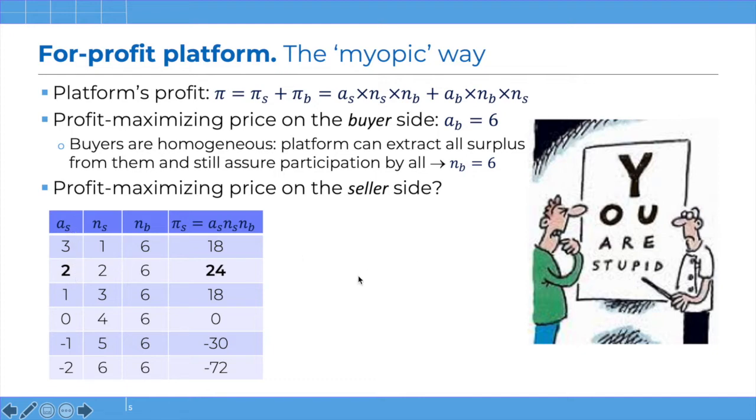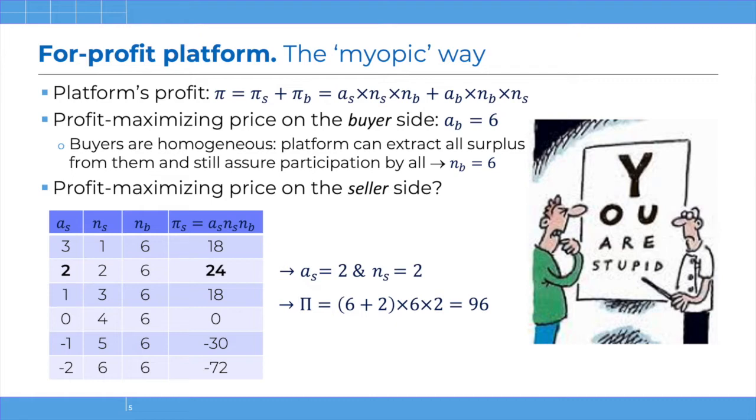So putting things together, AS should be equal to 2, NS is equal to 2. Remember that AB is equal to 6 and NB is equal to 6. And so the total profit for the platform is 6 plus 2, AS plus AB, times the number of transactions, 12, that makes 96. Now we call this the myopic way.